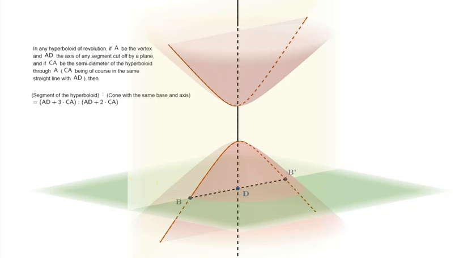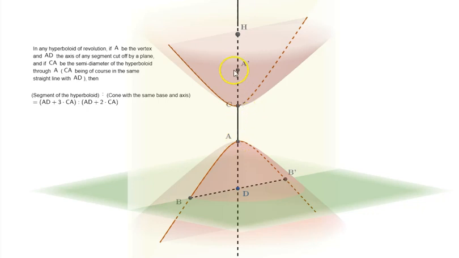A is the vertex. AC is the semi-diameter. What we are going to do is take the length AC and cut off a segment here at A prime. Again, we will do the same thing at H. So these three segments are equal to each other.